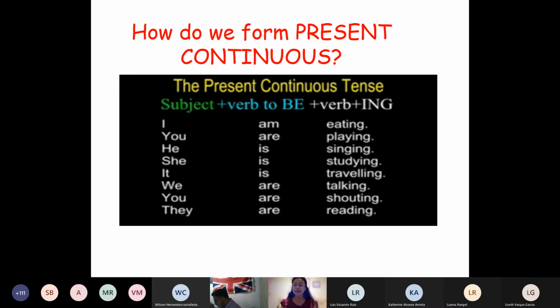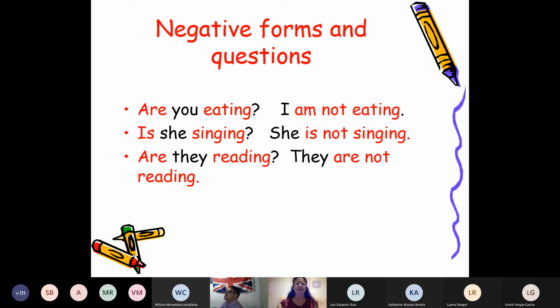Okay? And here, for the questions in the present continuous, you start the question with the verb to be, are or is. Remember that for the present simple, you start a question with do or does. Does she, does he live in Bogota?